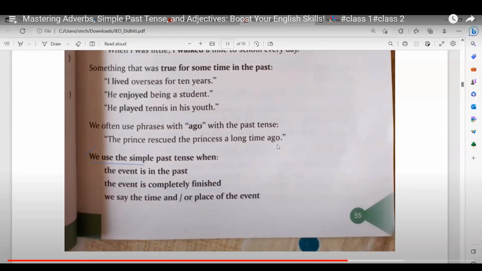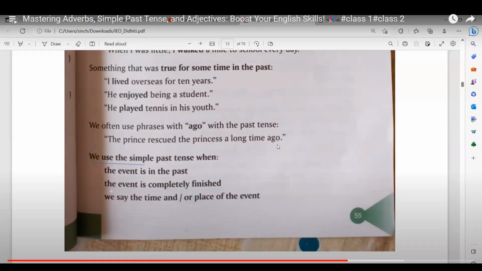Okay, now Devanshu, can you tell me a sentence with this one? The event that has already been finished before a couple of time, beta? Or before a couple of hours? Which one? This one. The event is completely finished.